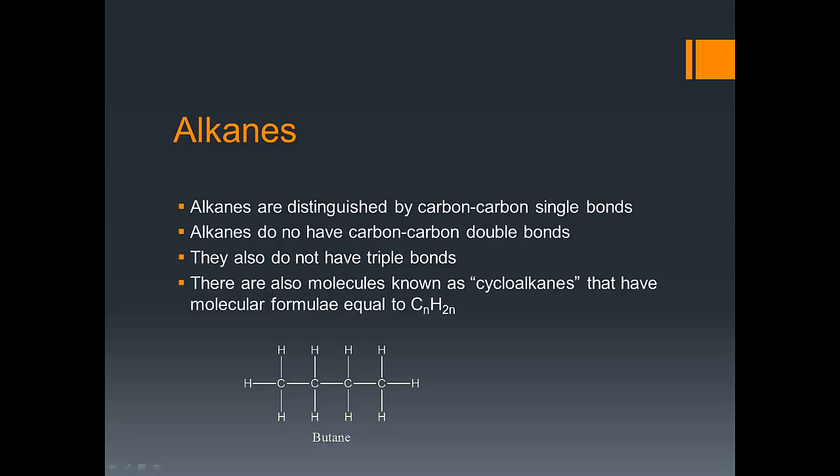Here's cyclobutane. Now we've got only 8 hydrogen atoms. So 4 carbons and 8 hydrogen atoms, CnH2n. So you can see essentially we've had to remove those 2 hydrogens on the end in order for it to wrap around and form a ring. Okay, and this is a cycloalkane. In this case, we're looking at cyclobutane.